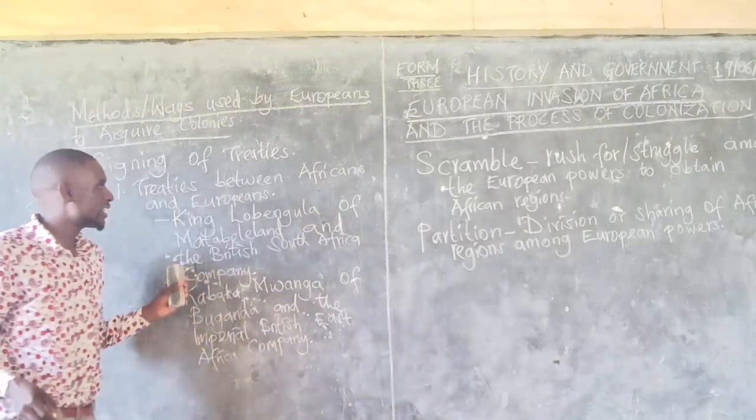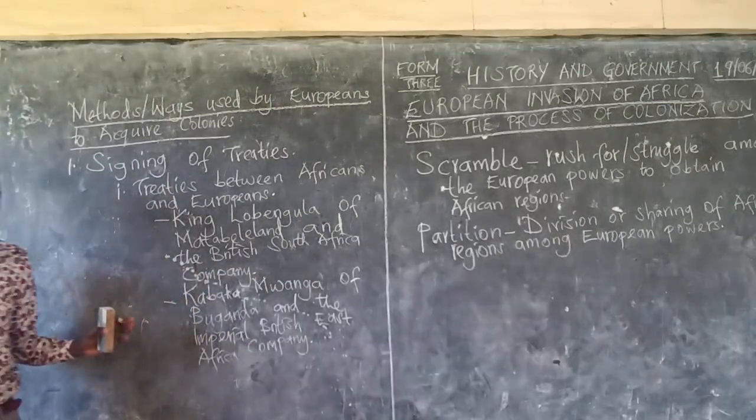Those are some of the examples of the treaties signed between the Africans and the Europeans.